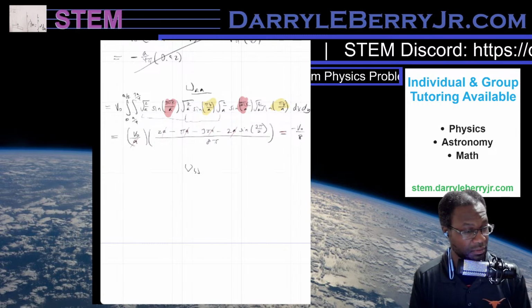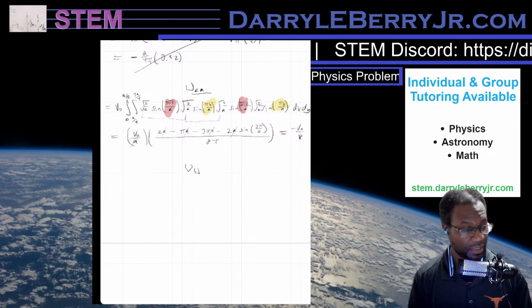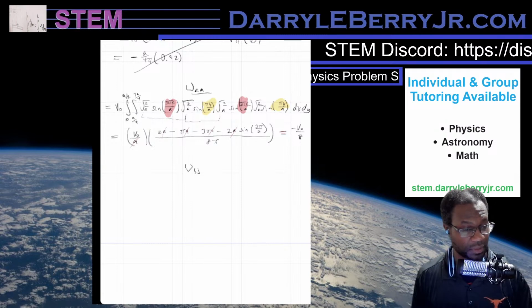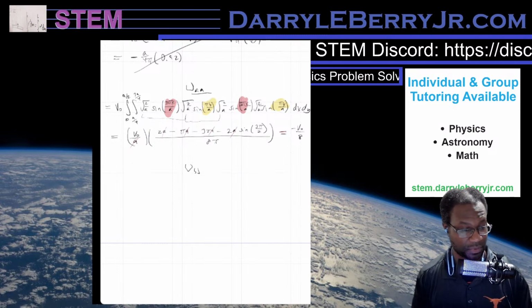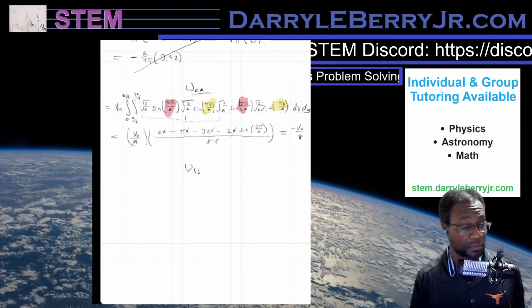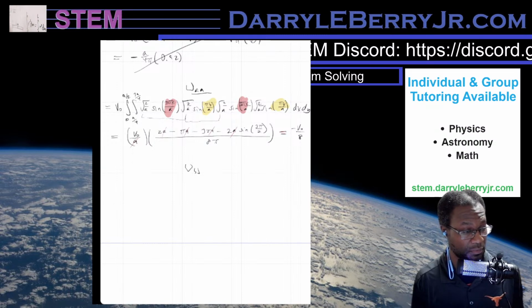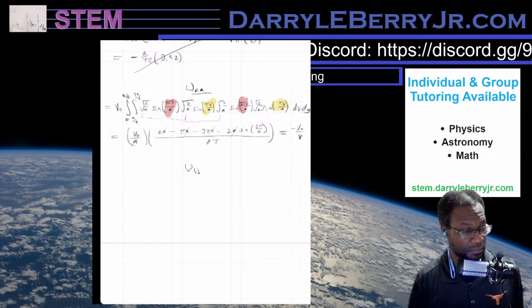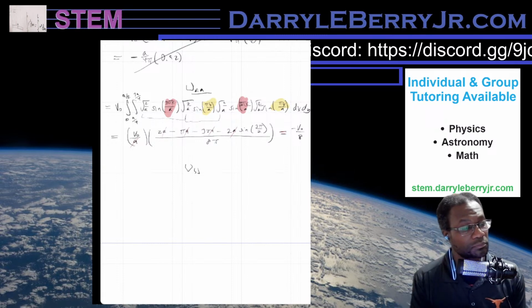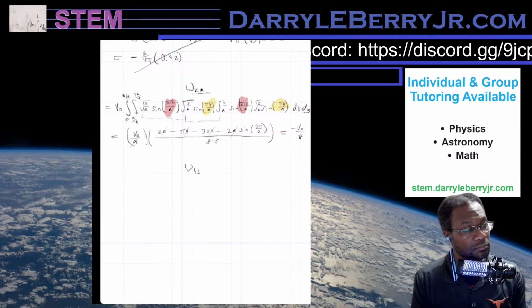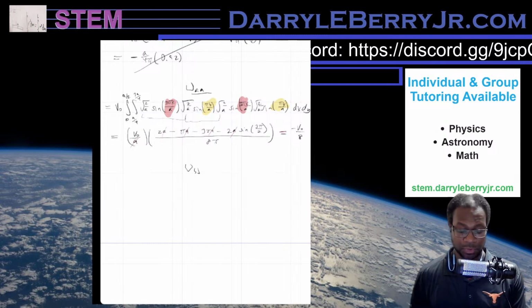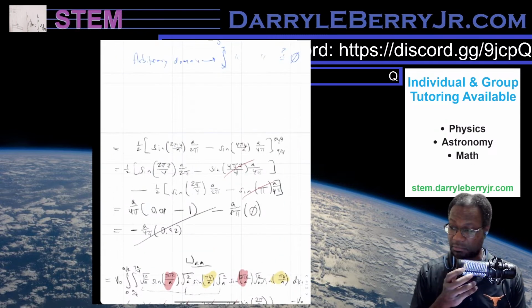Another ugly number. So Mathematica, either I'm typing this in incorrectly or it's giving some crazy numbers. Process is correct.